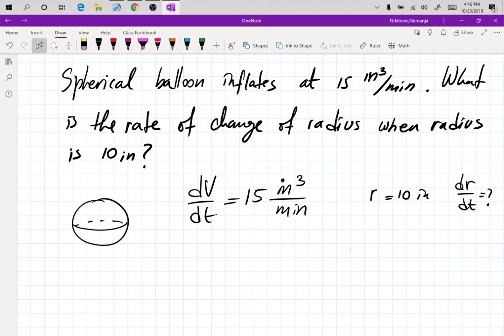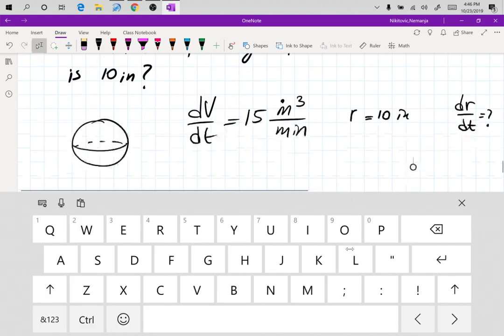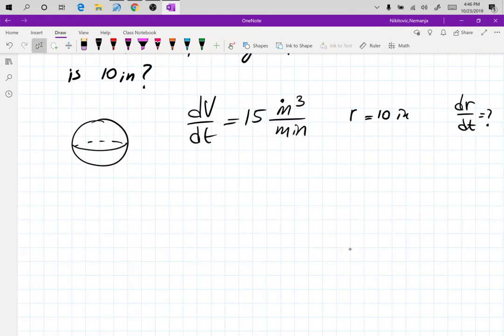So these are the three pieces of information that are given to us in the problem, and we have to work with those three pieces of information. The geometry of the problem is a sphere, a ball. We need to know the volume formula. So volume is 4 pi over 3 r cubed.